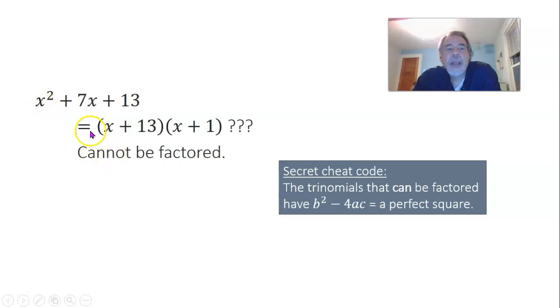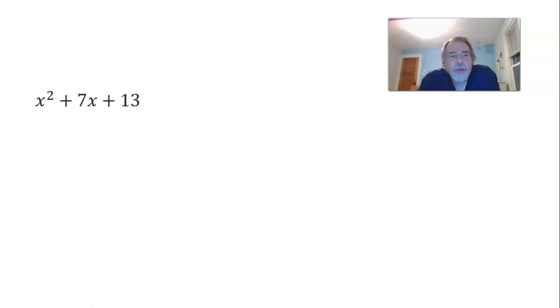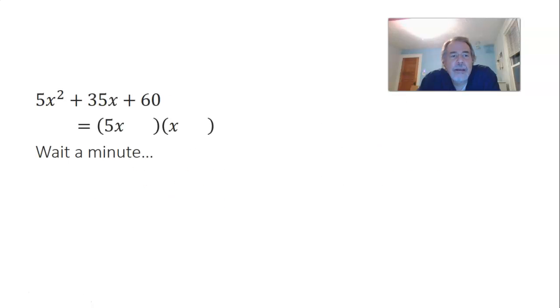So like on this one, b squared, 49, minus 4 times 1 times 13, 49 minus 52 would be negative 3, not a perfect square. This can't be factored.